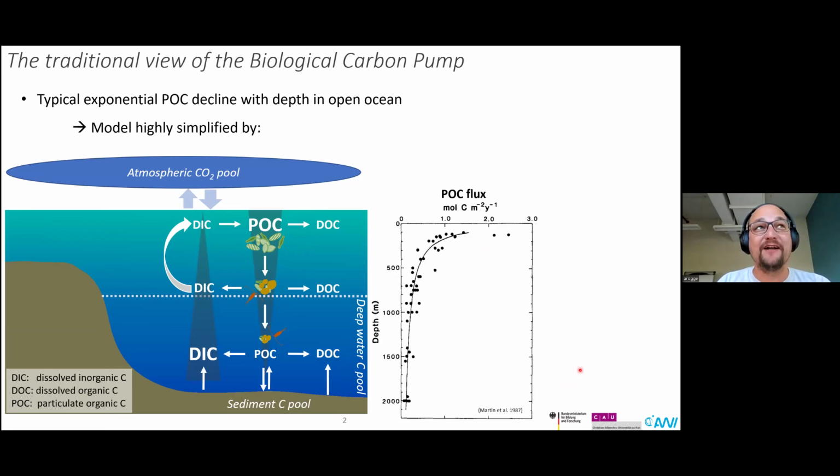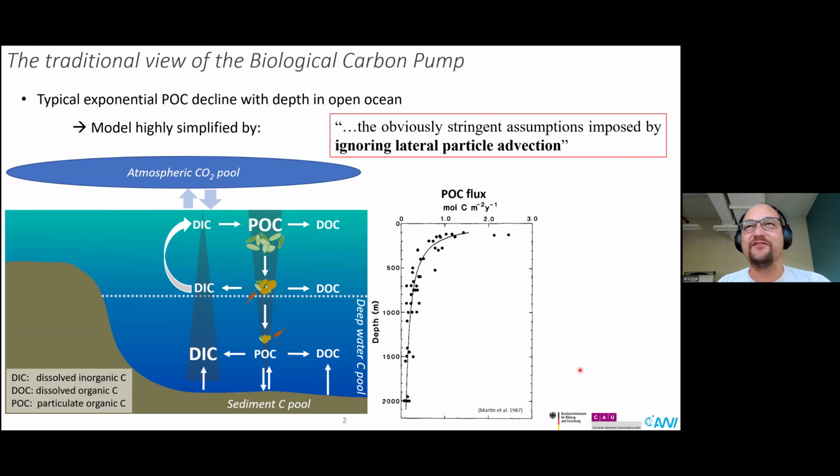But Martin already knew that this model is highly simplified because of the obviously stringent assumptions imposed by ignoring lateral particle advection. I like the way they wrote it back in the day. Basically, he is just considering vertical export and not lateral transports.